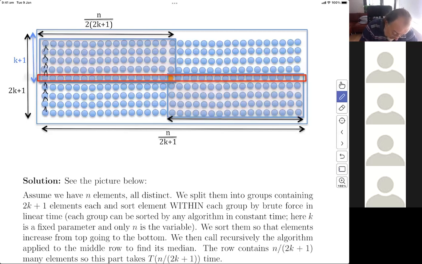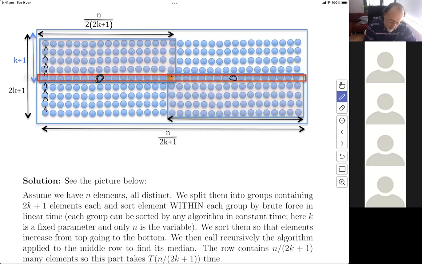Now, once we find the pivot, notice, for all the elements in the middle row, we can permute the columns using the central element as a pivot, right? So we always compare each element in the central row with the pivot, and if it's smaller than the pivot, we put this column to the left. If it's larger than the pivot, we put this column to the right, right?